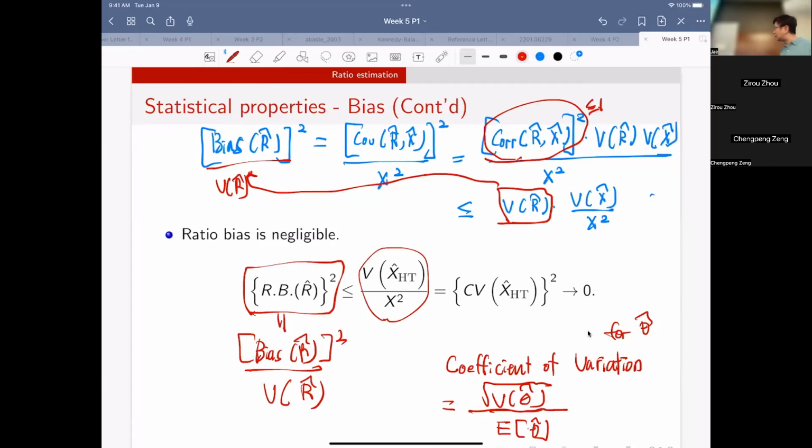That is the definition of the coefficient of variation, CV. Anyway, if n goes to large, then the variance will go to zero, right? So n goes to infinity.